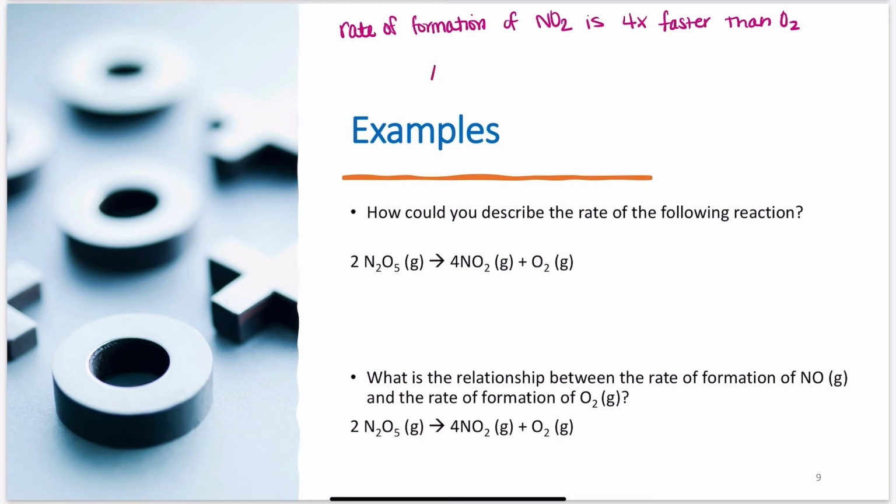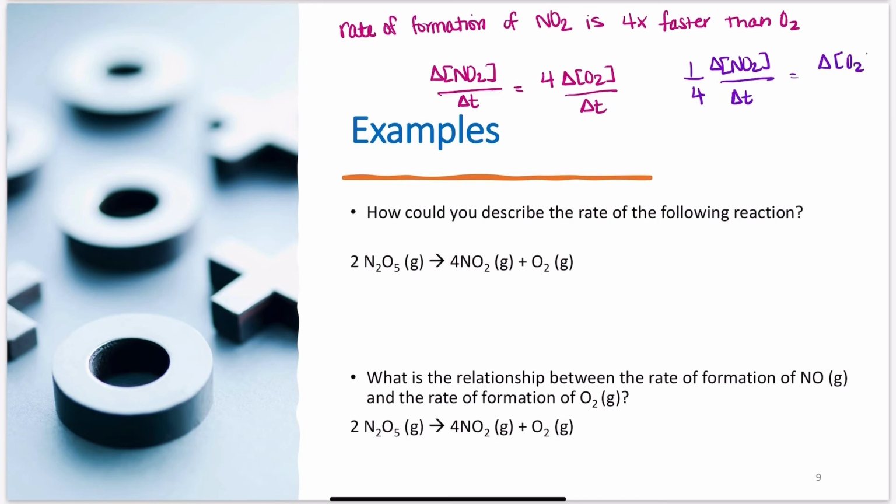Hence, that's why I write change in concentration of NO2 over change in time is equal to 4 times the change in concentration of O2 over change in time. Or I can write this as 1/4 change in concentration of NO2 over change in time is equal to the change in concentration of O2 over change in time.